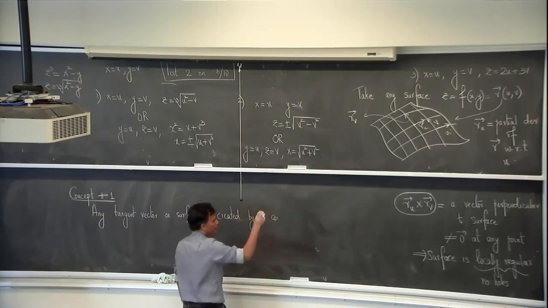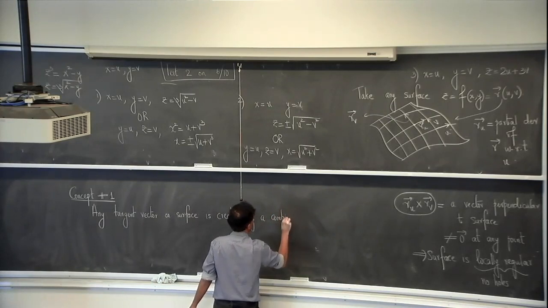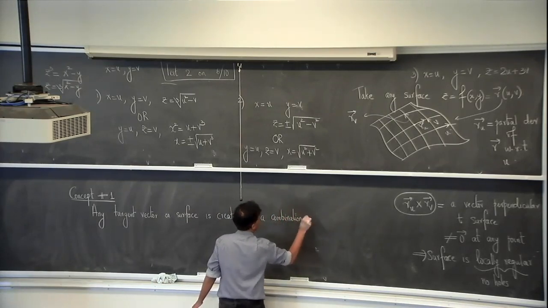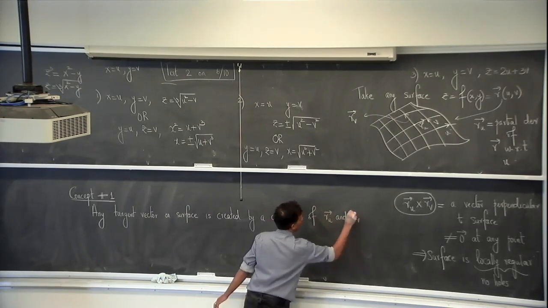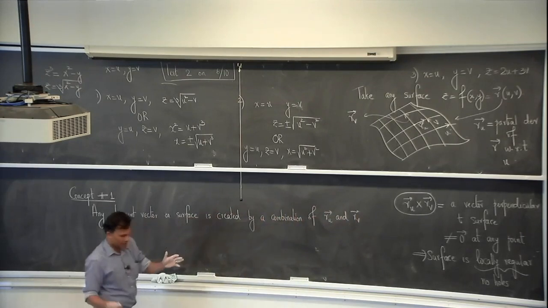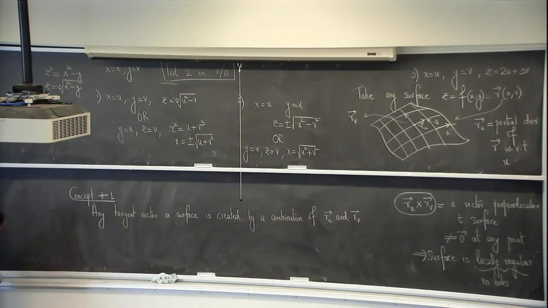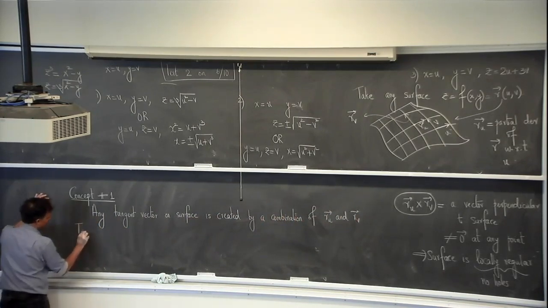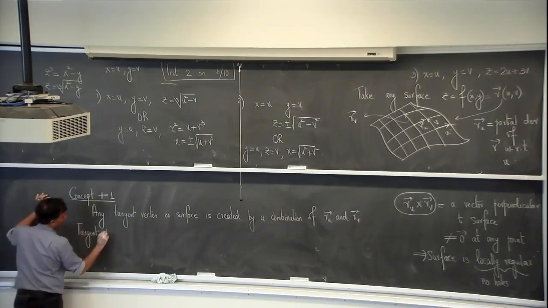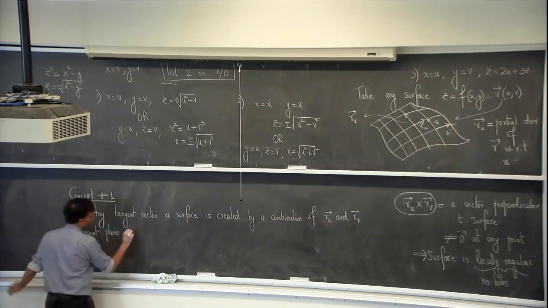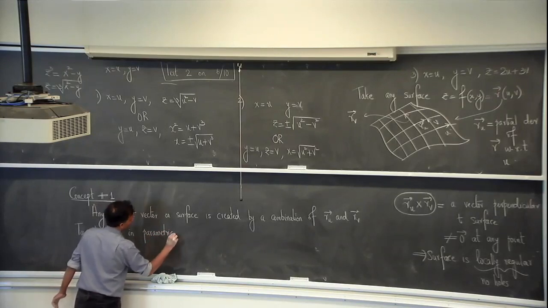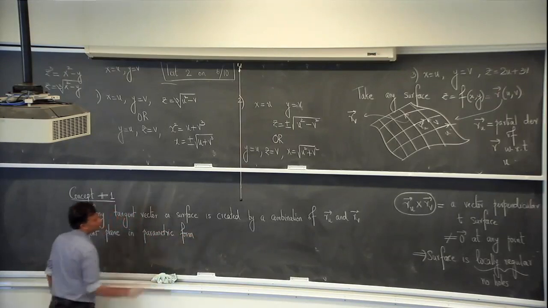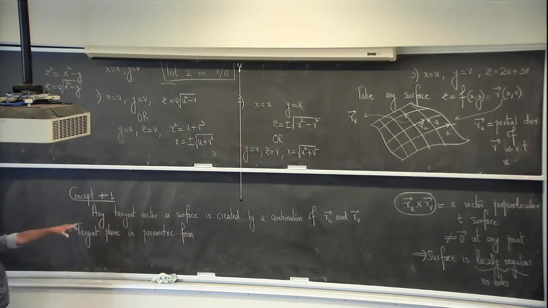Ru means r partial u. If you look at those two vectors, and if you just combine all of them together, that creates the entire tangent plane to the surface. So we can write the equation of the tangent plane in a slightly different form, in the parametric form. Assuming that it's locally regular, that means the cross product should not be equal to 0.